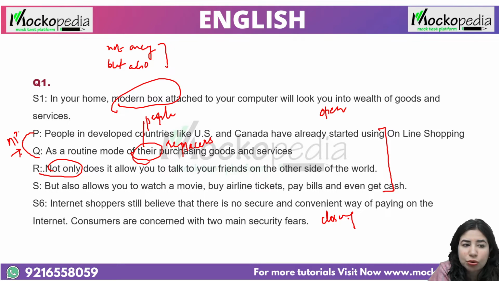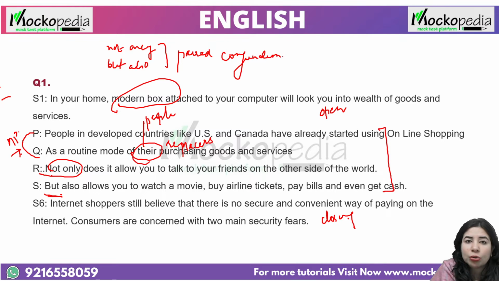So this we need to look for, and we already have "not only," and this is giving an indication of "but also." So this can be a good mandatory pair. I'm sure you must have seen these are conjunctions. So when we talk about this combination, we call them paired conjunctions, right? So these go hand in hand. So not only but also, both and, neither nor, either or, these are paired conjunctions.